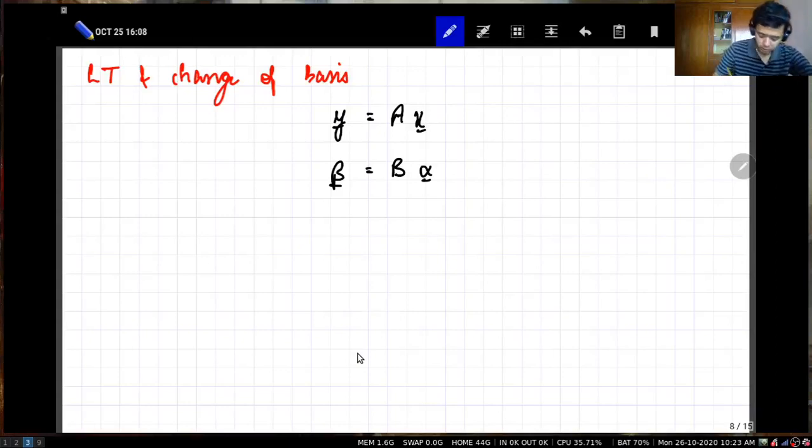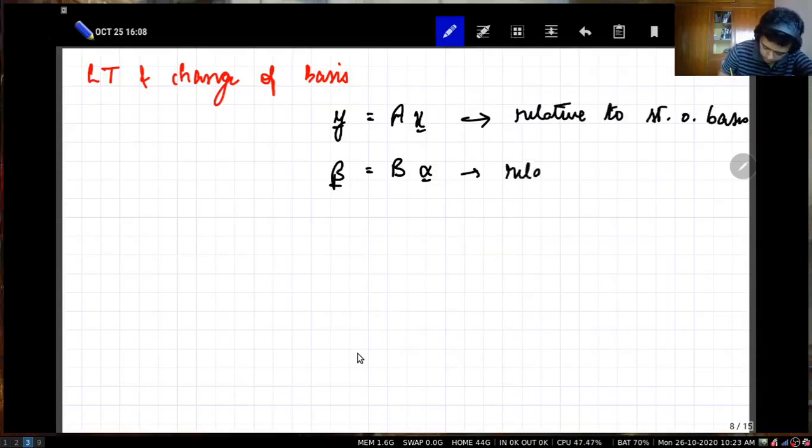So note that this is relative to the standard ordered basis, and this is relative to the basis v1 through vn, right? And our goal is to represent B in terms of A. So what is the relationship between A and B is what we want to address, right? So note that both of these represent the same linear transformation.